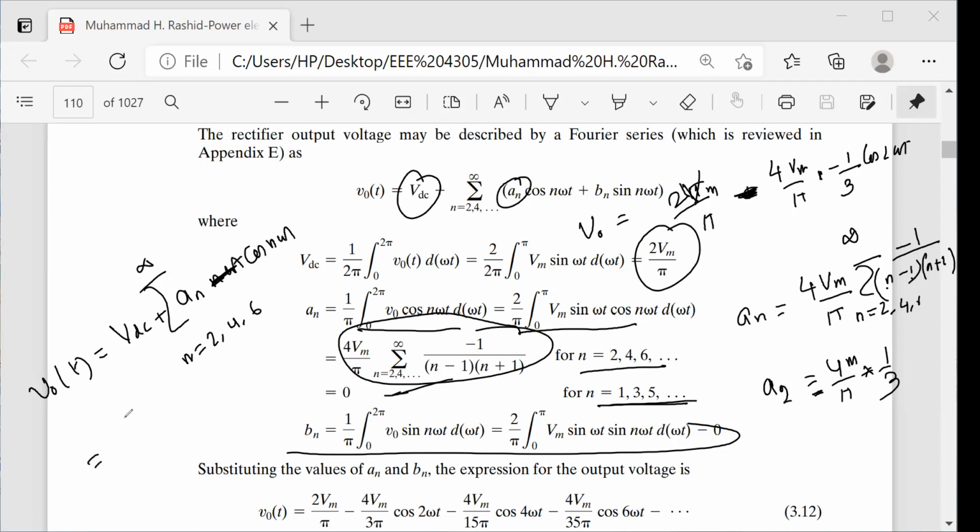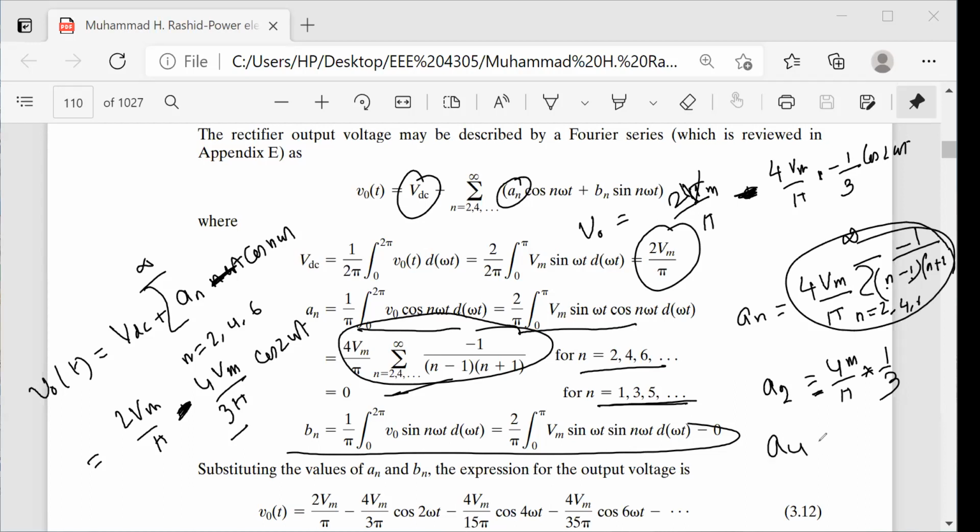So now your VDC will be 2Vm by pi, and then for the second harmonic we will get minus 4Vm by 3 pi cosine of 2 omega t. And then for the fourth harmonic you have to put n equal to 4 here. You got my point? Yes, sir. That will be your 4Vm by 15 pi cosine.